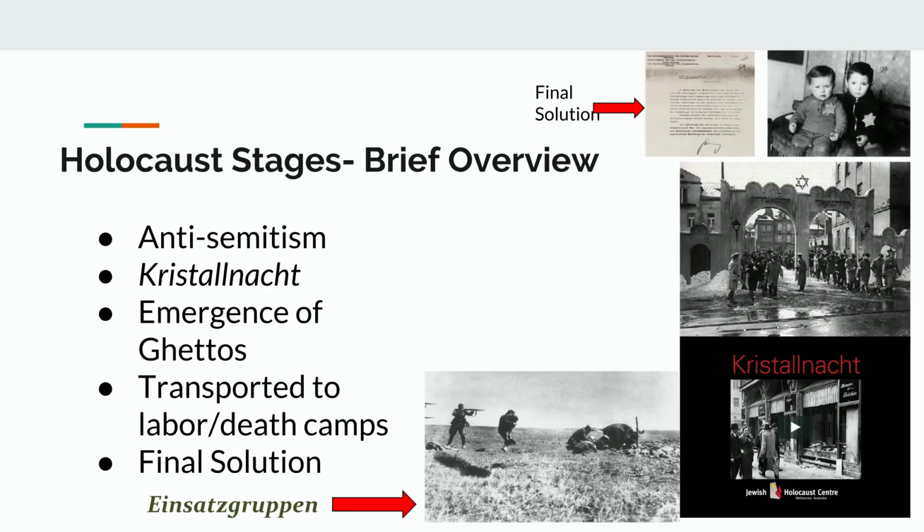Before they had these death camps, they had vans that they would actually use to gas the Jews, using carbon monoxide poisoning to kill them. They would crowd them into a van and then turn on the exhaust, and the exhaust would be funneled into the van, and it would kill and execute the Jews. So the Einsatzgruppen, you need to be familiar with them. These were mobile killing units sent out by Hitler to help exterminate the Jews.